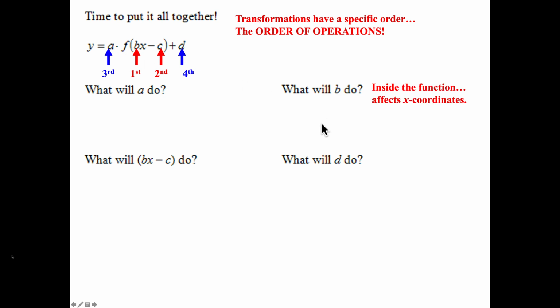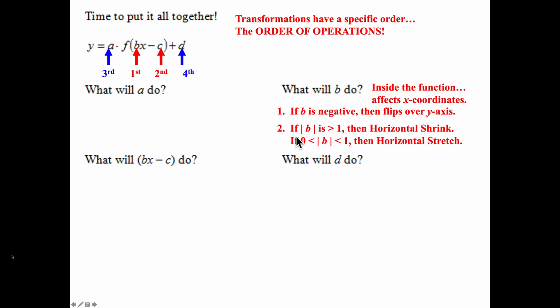So looking at the b, inside the function, this affects your x-coordinates. Number 1, we saw if b was negative, it flips over the y-axis. And then for number 2, our horizontal shrink and stretch, if we take the b, take its absolute value, which means the negative is now gone, and if that is greater than 1, it's a horizontal shrink by the factor of that new b value.